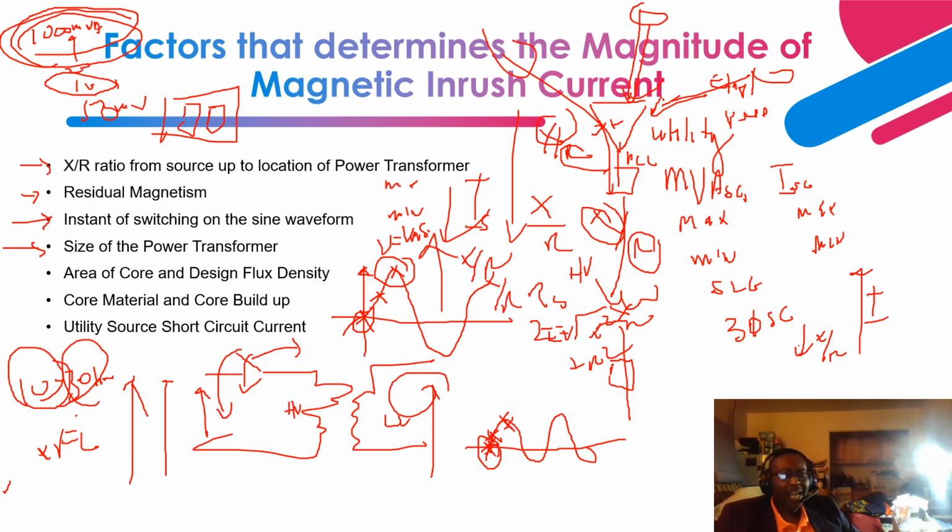Also, the design flux density plays a factor. As you know, the larger the size of the core, the higher the flux density. The flux density, which is given in Tesla, is given by flux over A.